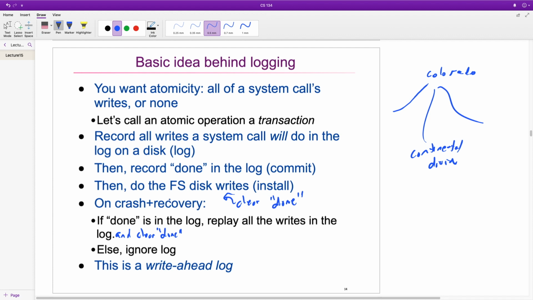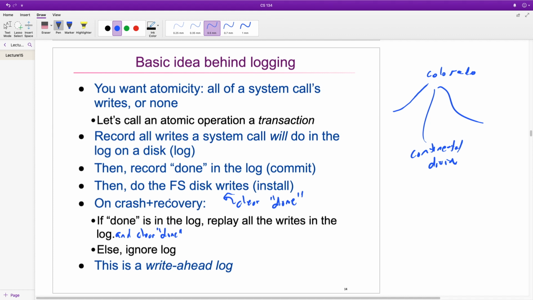And if it crashes in here again, so we have 2 crashes. We crash once, let's say after the done, and then it's a flaky power supply, or something else, flaky power. And then we crash again as we're copying. Well, when we come back up again, we'll look. Done is there. We're going to try copying again until we can successfully get through this and clear the done.